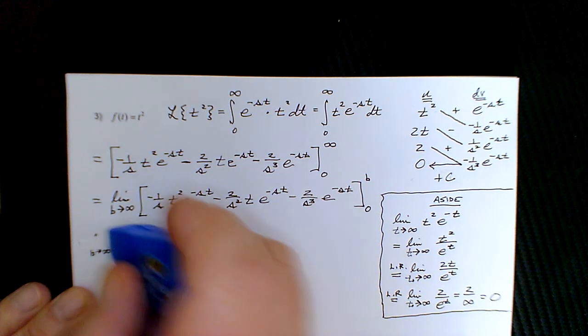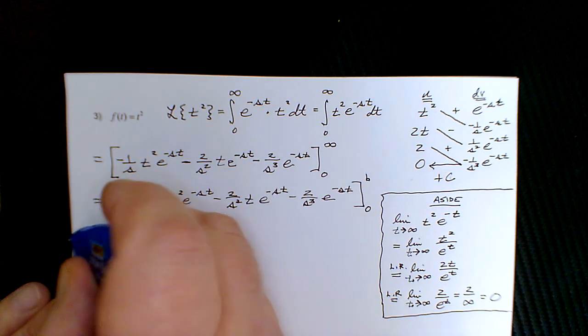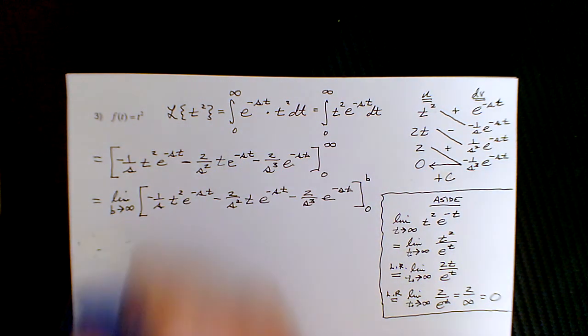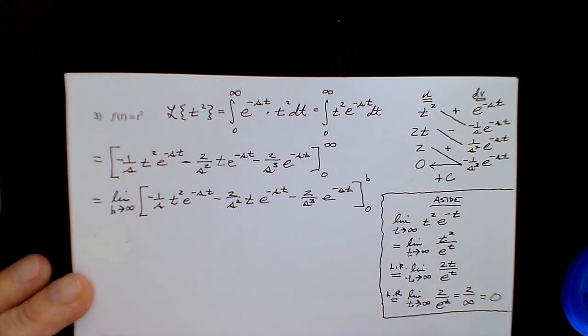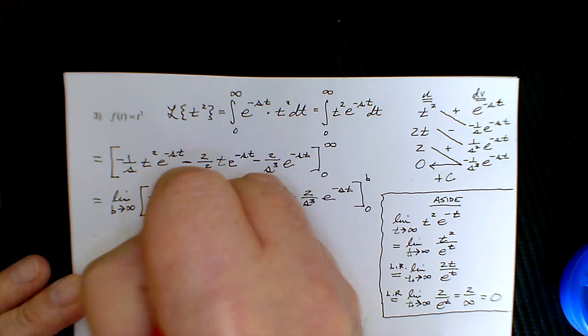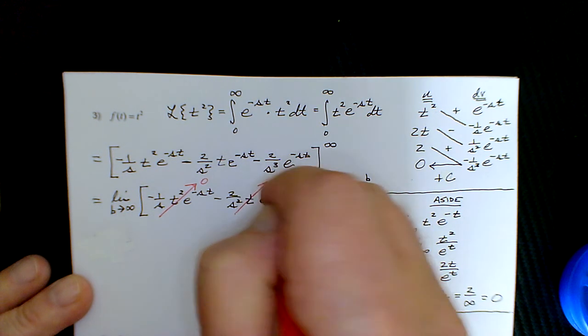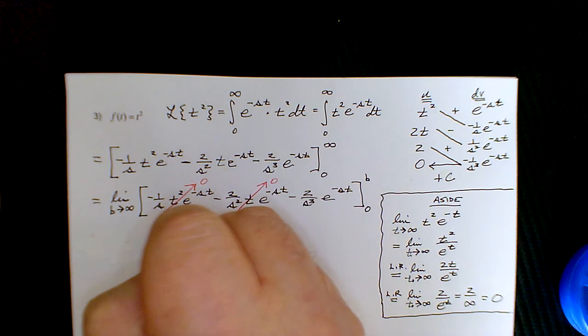Let's just use that rule right away by inspection, because this just makes it look much more cumbersome than it needs to be. Let's just use that rule right away to realize that this term's going to go to 0, and this term's going to go to 0, and that would be for s being greater than 0.